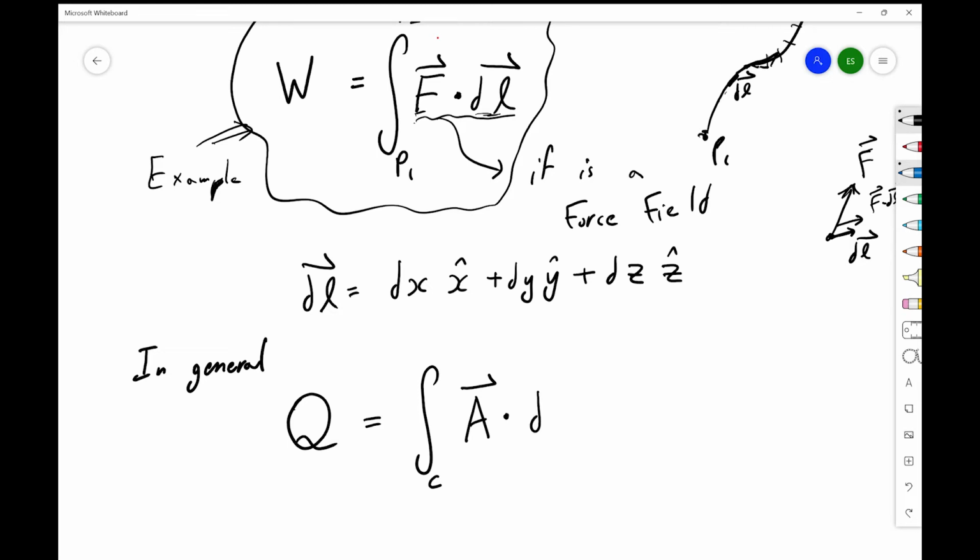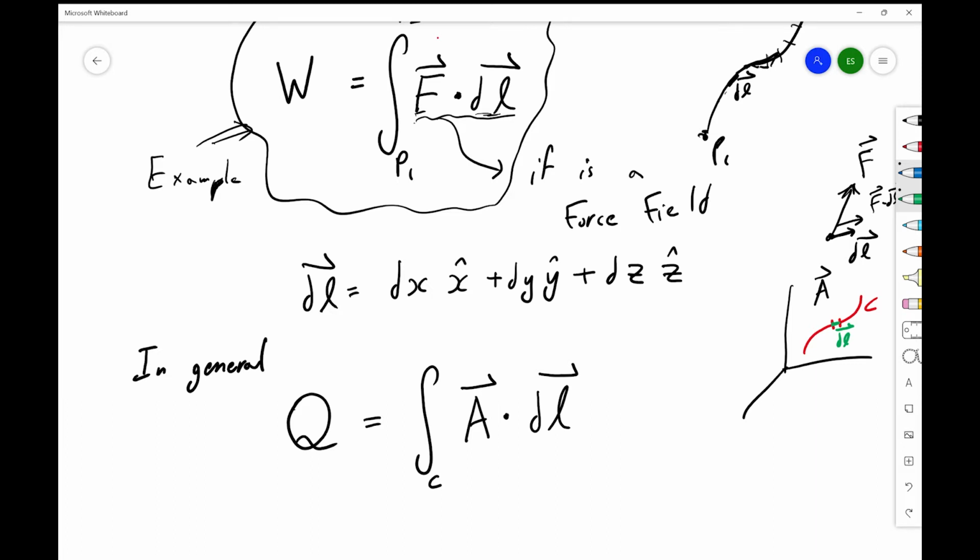We move along infinitesimal segments on that curve, dot dl, right? So this is A, and then we're moving along a path, a curve, and an infinitesimal displacement here is dl. And we're moving along each segment on this curve from the starting point to the end point.